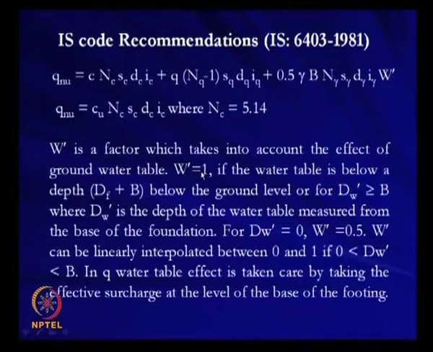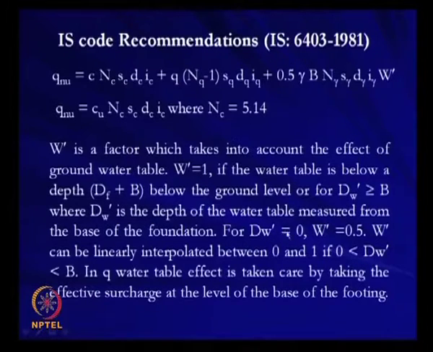Basically, if the position of water table is at a depth greater than or equal to the width of the foundation, if this depth is measured from the base of the foundation, then this correction for water table is equal to 1.